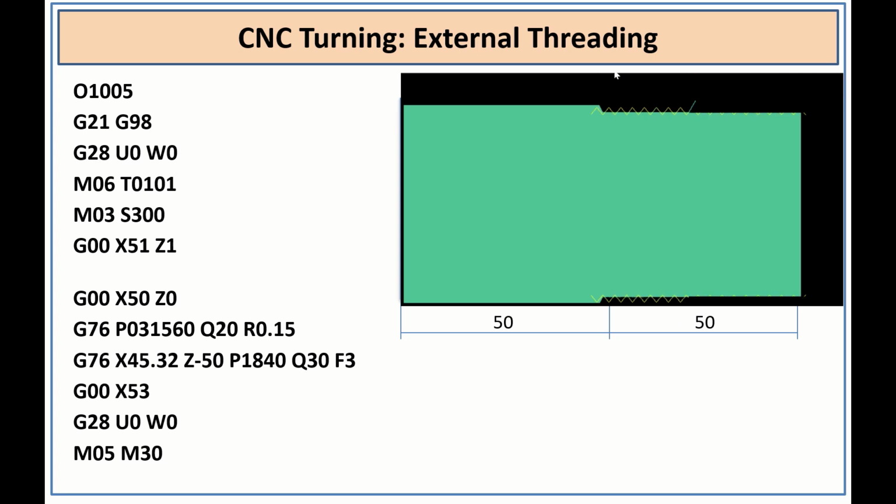If you select a tool which will not perform the thread height of 1.84, it will not take it. Whatever program we are writing, we also need to select the tool in such a way that it is able to perform this thread height. That is the only important thing here.